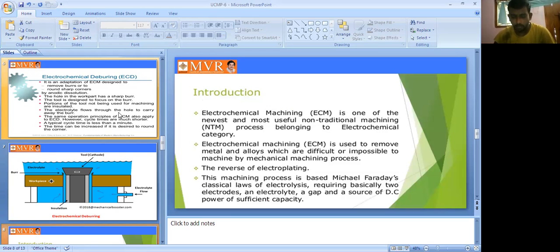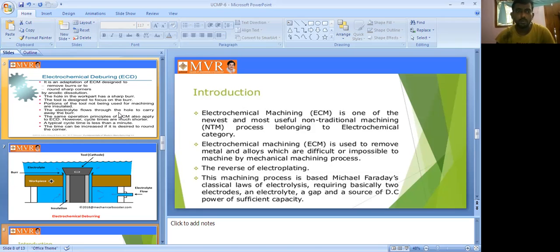Very important is ECM: what are the fundamentals of ECM, what are the advantages, what are the economics, what is the material removal rate in ECM, and what are the applications. We also have some sums based on MRR in this second unit.